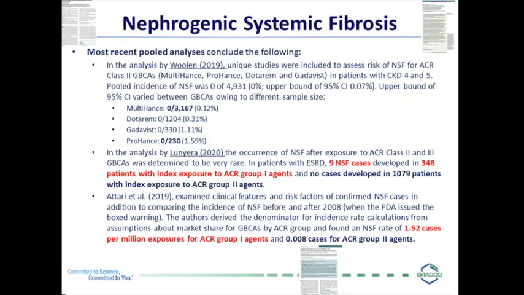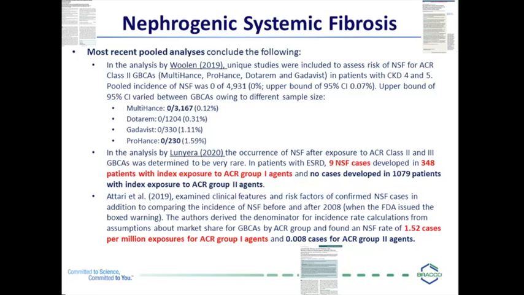3 recent pooled analyses about the risk of NSF have been published in 2019 and 2020. The analysis by Woolen, published in JAMA in 2019, assessed the risk of NSF just for ACR class 2 GBCAs, Multihance, ProHance, Dotarem, and Gadavist, in patients with chronic kidney disease class 4 and 5.